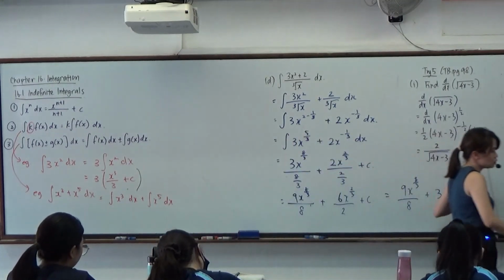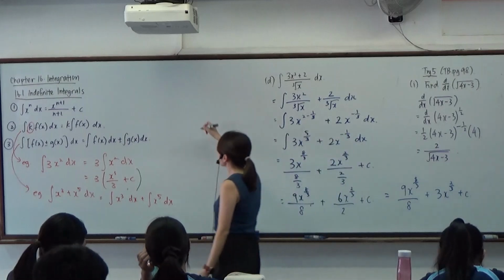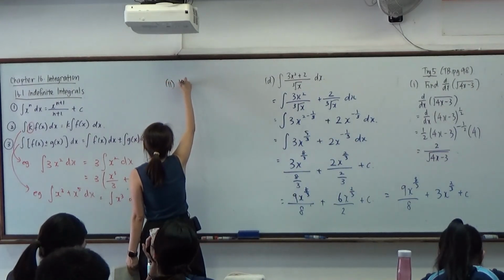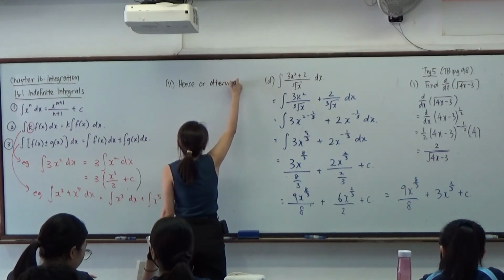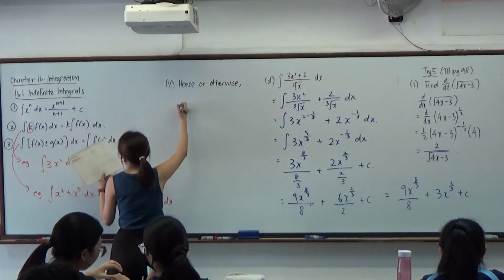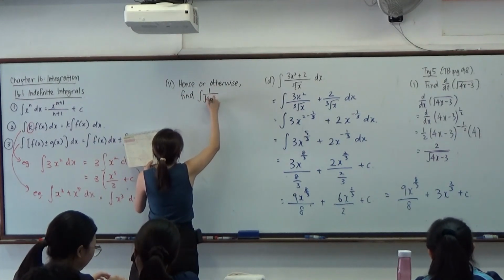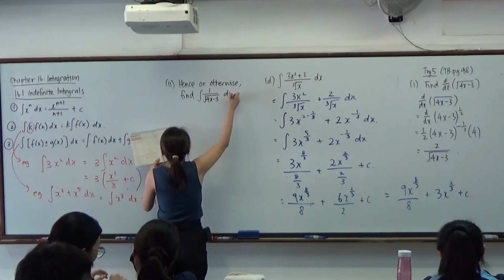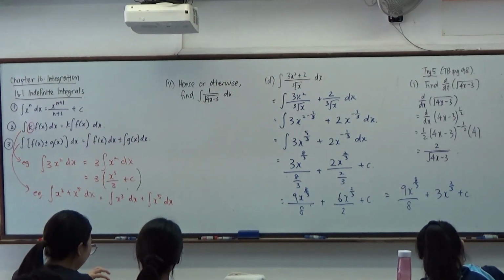Then in part 2, they want you to integrate. But the instruction says "hence or otherwise", which means that you can make use of part 1. We want to integrate 1 over square root 4x minus 3 dx.